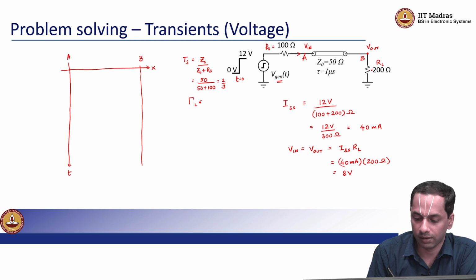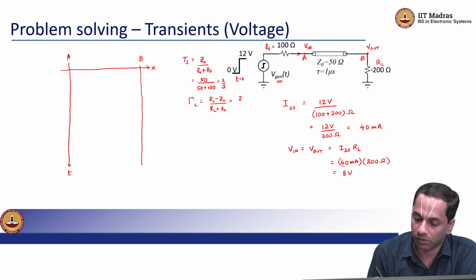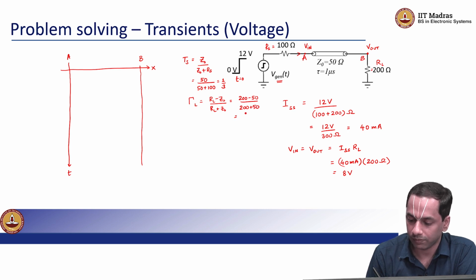Similarly, gamma L is RL minus Z naught by RL plus Z naught, which is 200 minus 50 by 200 plus 50. This is 3/5.